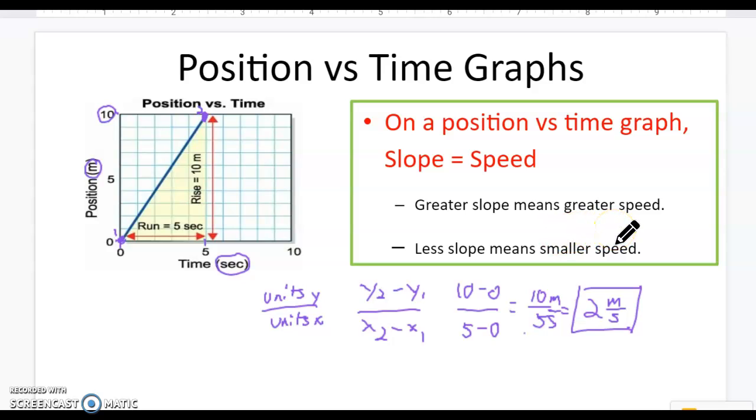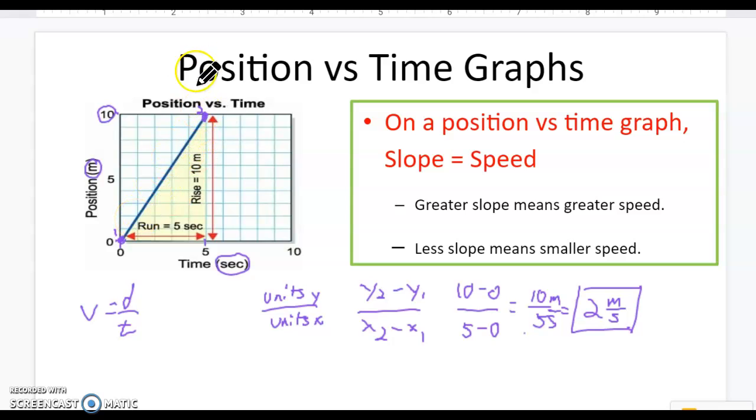There is another way of doing this though, by using something that we've used before. If you're looking for speed or velocity, and remember that those two are kind of synonymous, we can use the equation we had used before: speed is the distance divided by time. We could do that for this section as well.